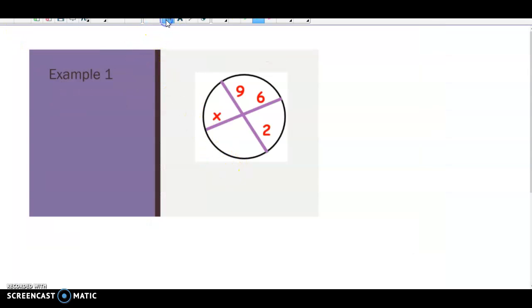Looking right here, I can see that I have 2 chords. I have this part, and then I have this part, and then I have this chord that's divided up into these 2 parts. So when I work these out, I know that I have part times part is equal to part times part.